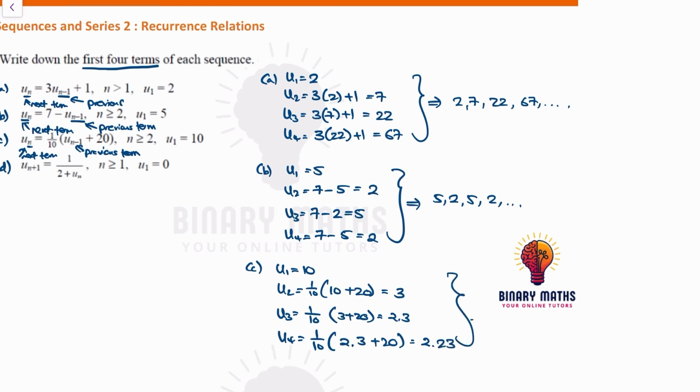Which means the sequence is 10, 3, 2.3, 2.23.